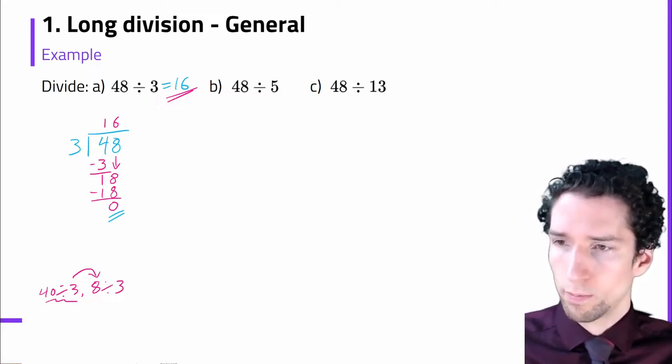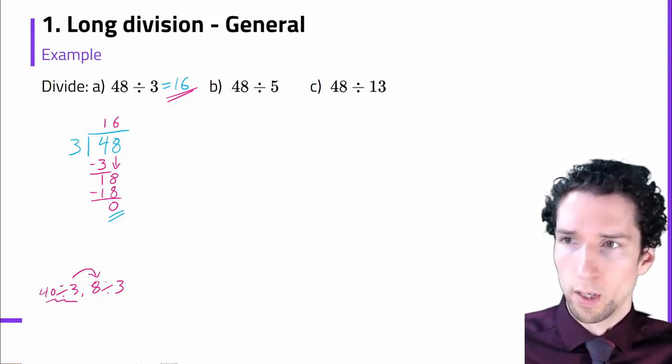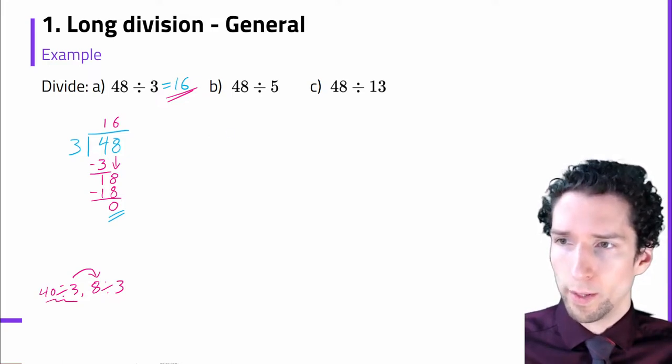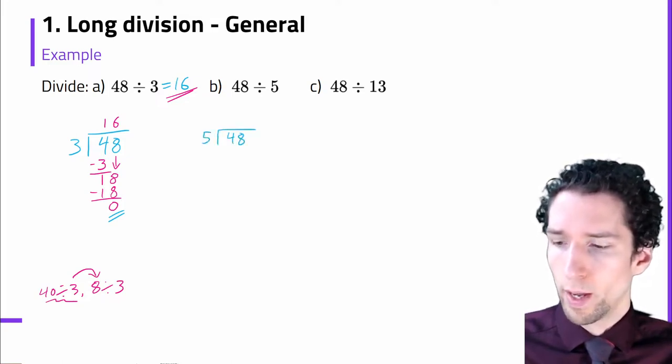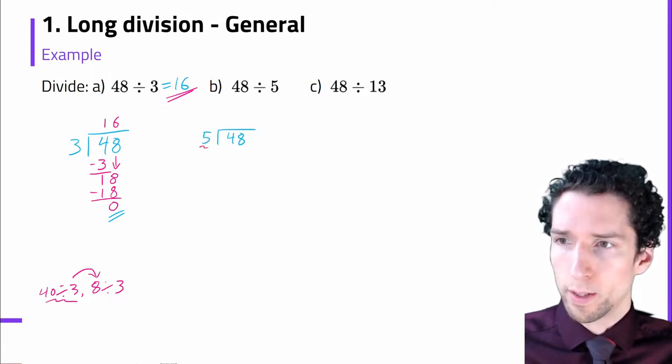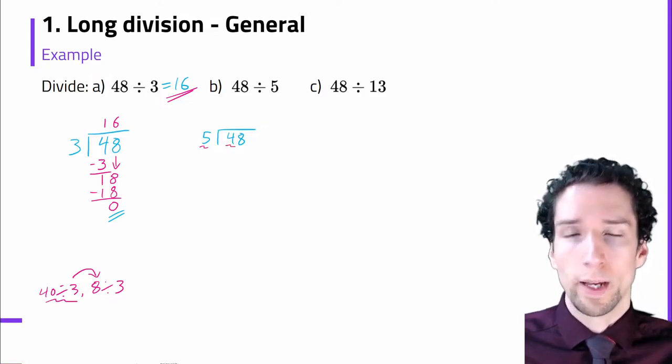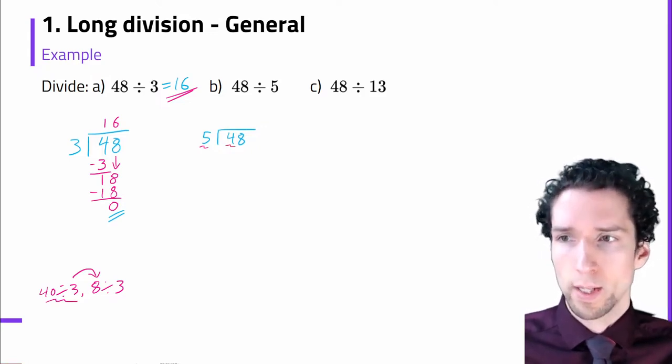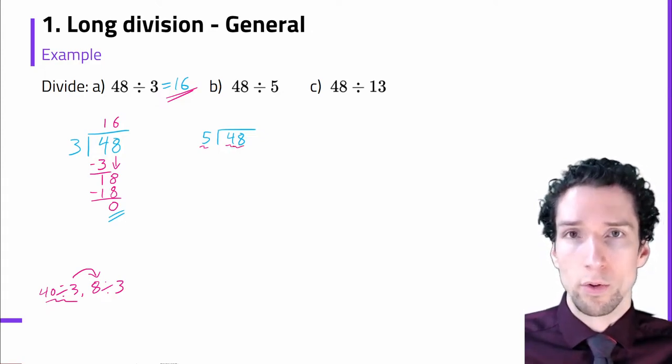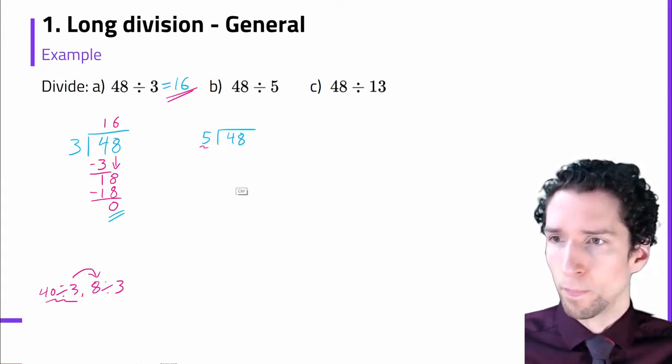Next one, you'll see a few different things happening here. We will have 48 divided by 5. Can 5 go into 4? Is 5 smaller than 4? No, it isn't. So we add 1 more digit. So 5 into 48.